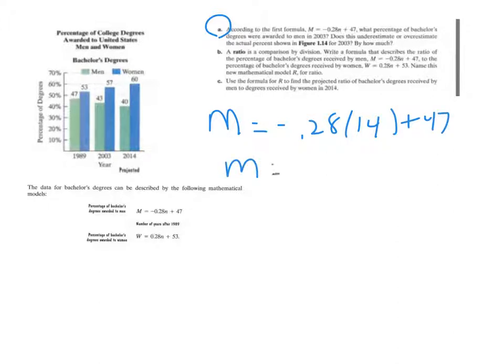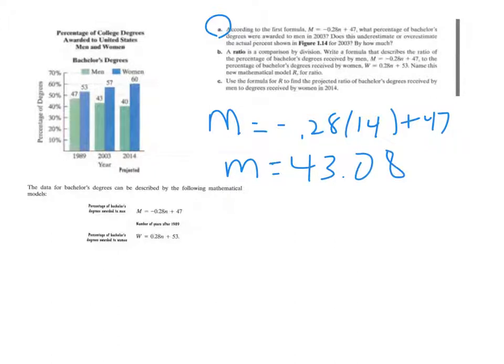All right, the first one we're going to do is use this formula. And the n stands for the number of years after 1989. In this case, we want to know 2003, so that's 14 years. So our formula is negative 0.28 times 14 plus 47. And when we do the math in our calculator, we will get the answer of 43.08.